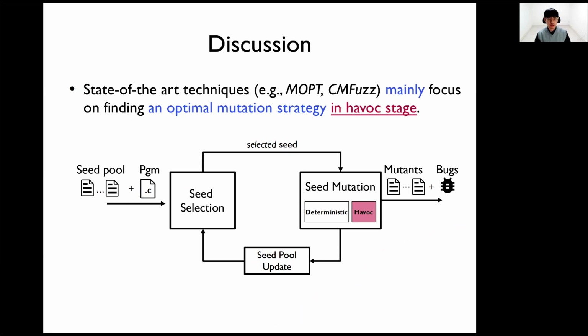And before concluding this week's lecture, I would like to discuss one interesting point, which is the ineffectiveness of deterministic stages. As you have already noticed, state-of-the-art techniques such as MOPT and SAMFuzz mainly focused on finding optimal mutation strategy in the havoc stage, not deterministic stages.